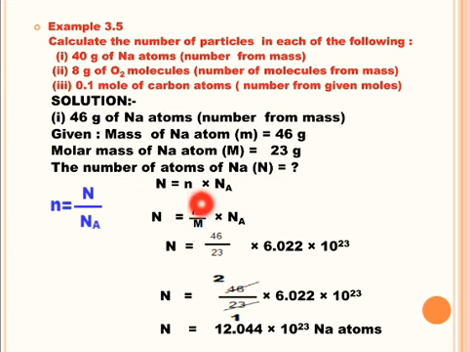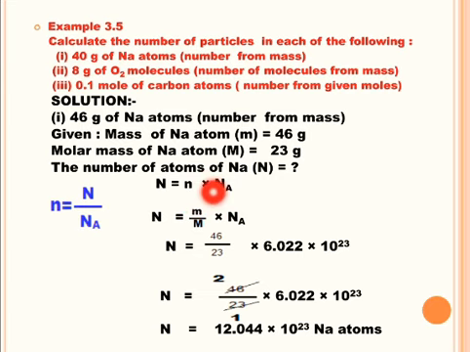But here in this formula, we have to calculate capital N, but we don't know the value of small n. Number of moles is not given. We know Avogadro number, whose value is 6.022 into 10 raised to power 23, but we don't know the number of moles. Then how can we calculate the number of moles?